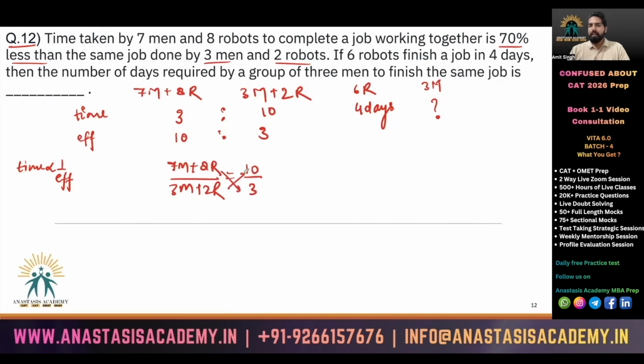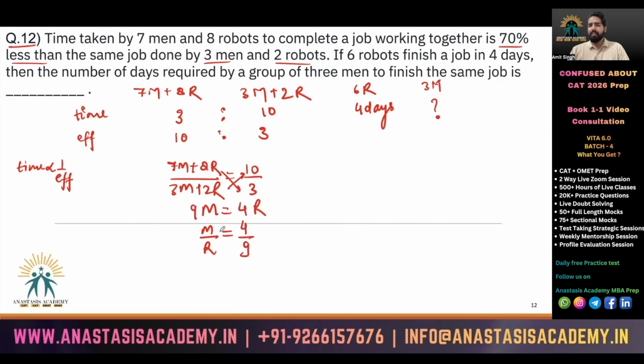Let's cross multiply and write the m and r: 70m plus 80r equals 9m plus 6r times... so we get 21m and 30r. When you take the difference, you get 9m equals 24r, or m upon r, the efficiency of man and robot, is in the ratio 4:9.